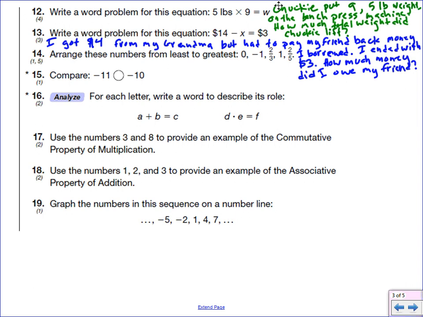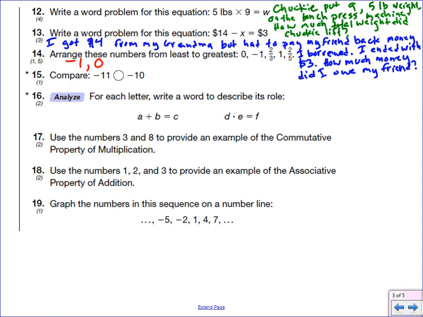Arrange these numbers from least to greatest. So we got some fractions and we got some ordering. So first of all, I only see one negative number, so that's going to be the least. And then 0, and then I look at the fractions. They're both less than 1. 2/3 is going to be more than the half, because half of 3 is 1.5.